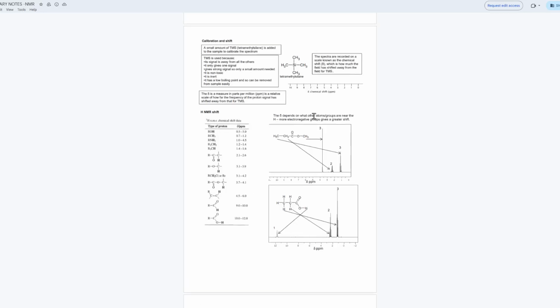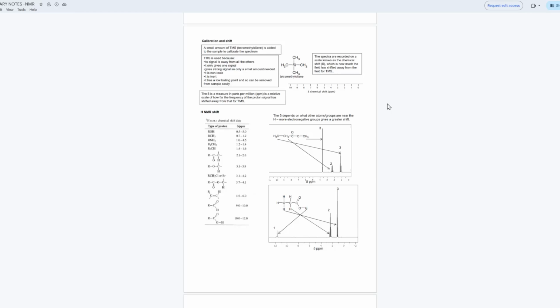Calibration and shift. A small amount of TMS, tetramethylsilane, is added to the sample to calibrate the spectrum. Have definitely heard of this one. As far as I remember, all of these will give the same shift, because it's completely symmetrical both ways. So they'll only form one peak, and it'll be an extremely tall peak of 12, because there's 12 hydrogens all in the same environment.